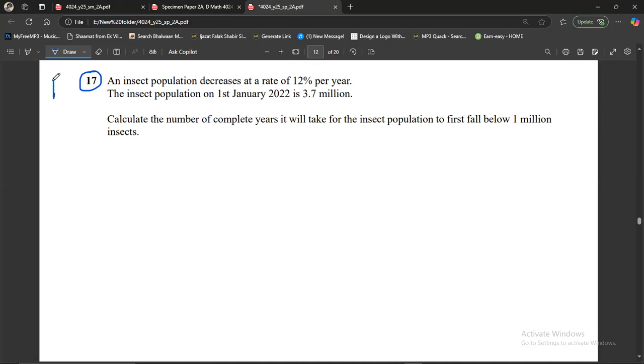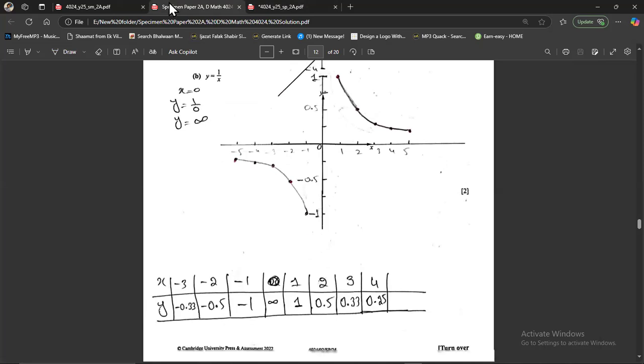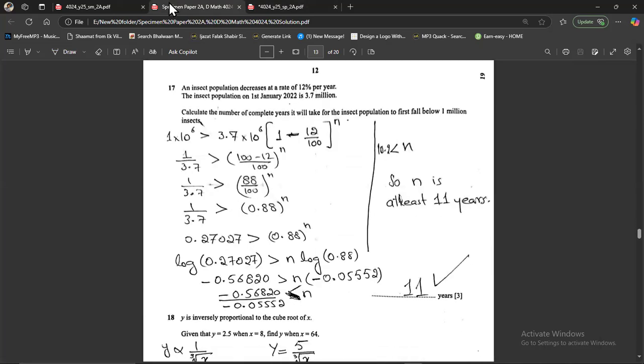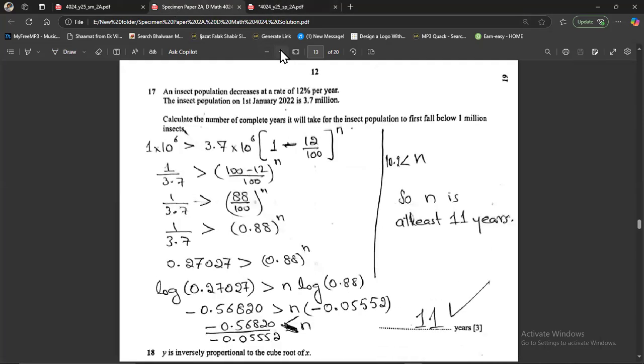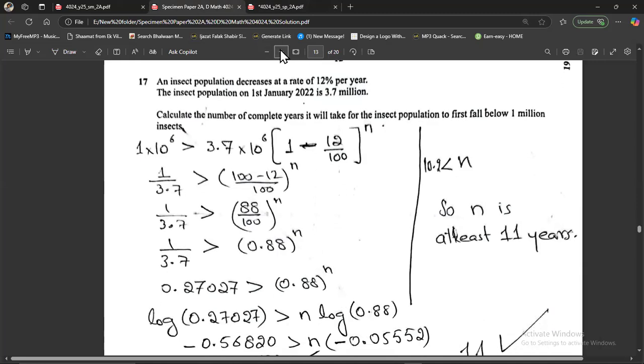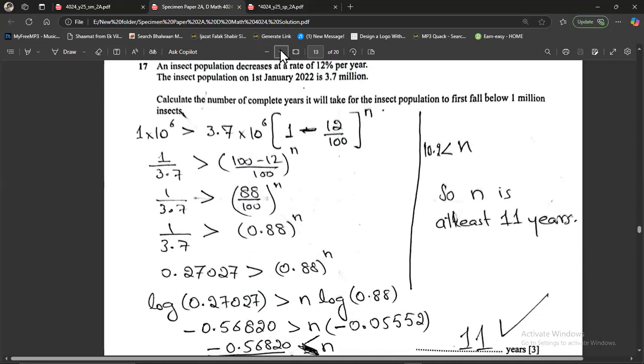Here we will be using some concepts which only came once in a previous paper where I was forced to use log. And in O levels mathematics, we have not used logs, but in this question and in that question, I don't remember which paper it was, but in one of the papers, we have to use the log. Okay, so you see this formula.